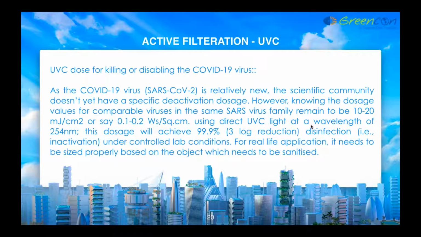So it is assumed that if it is exposed at a dosage of 10 to 20 millijoules per square centimeter, or say 0.1 to 0.2 watt second per square centimeter, it will have 3 log reduction, which is 99.9% disinfection or inactivation rate under controlled lab conditions, which means at a specified distance from the source to the target, at a defined temperature and relative humidity, and at a defined exposure time. So all of this would vary the efficiency of the system.